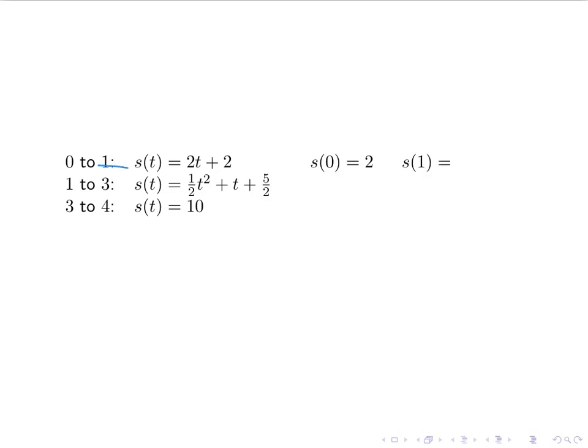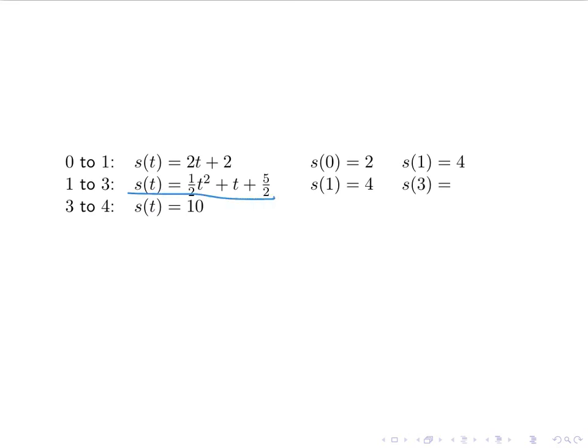And then I plug in 1. So 1 times 2 plus 2 gives me 4. So when I plug 1 into my second set, I better also get 4. So 1/2 times 1 squared plus 1 plus 5/2, that does give me 4. So I do have s of 1 is 4.